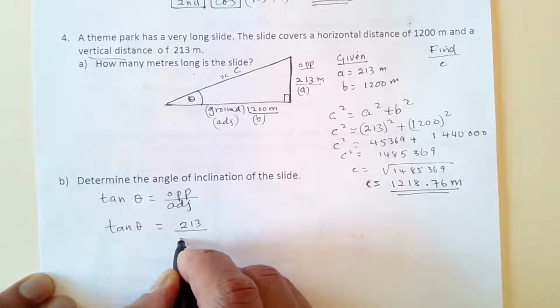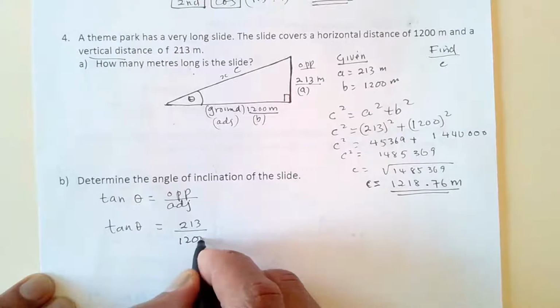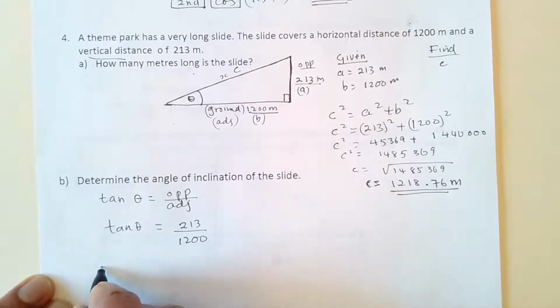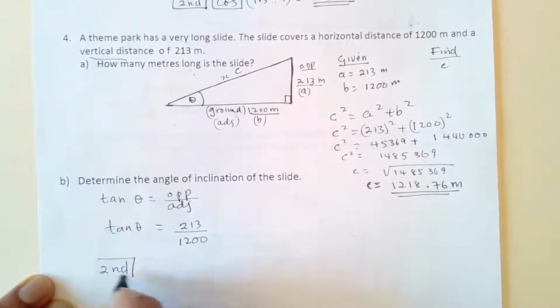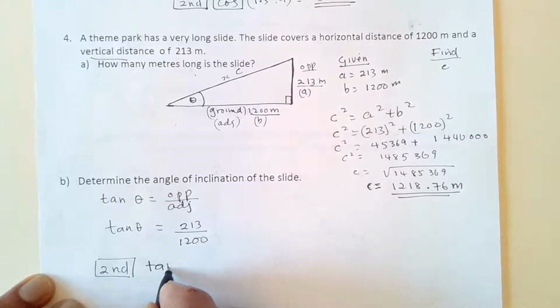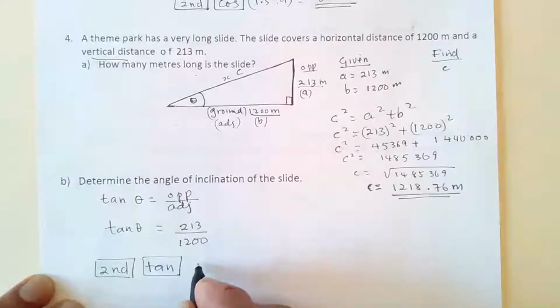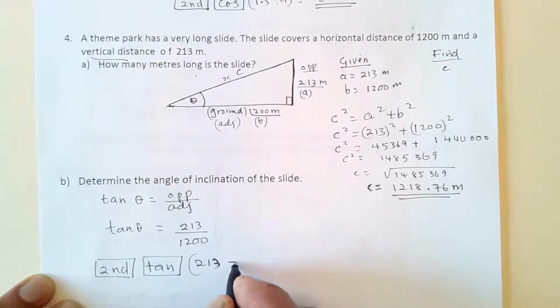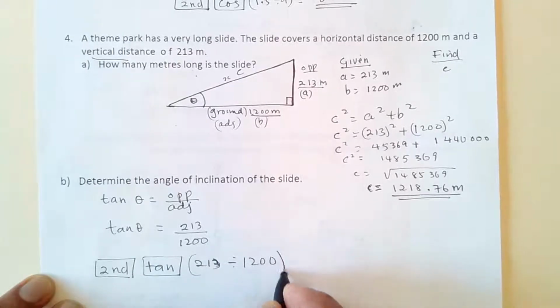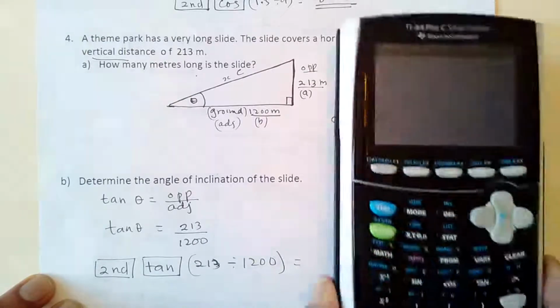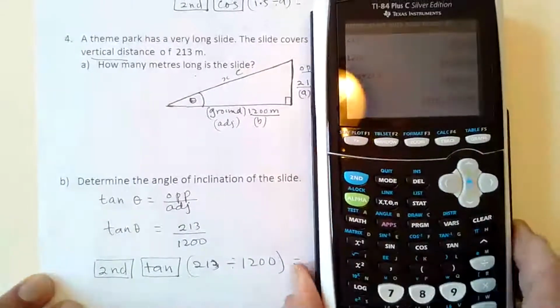Our adjacent is 1200. So to find my angle, second tan, 213 into my calculator, divided by 1200 equals. So go to my calculator here.